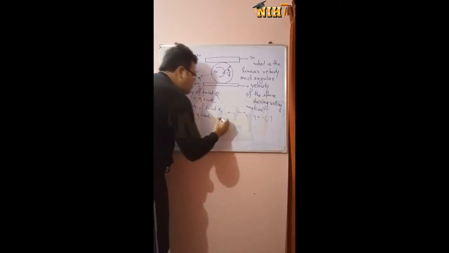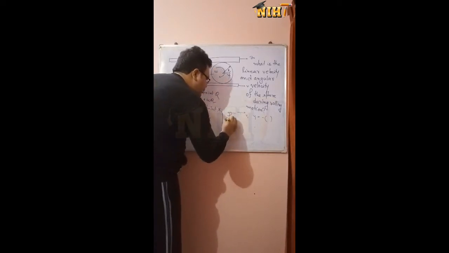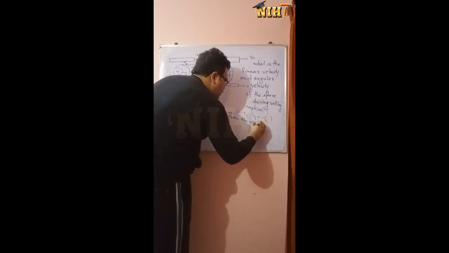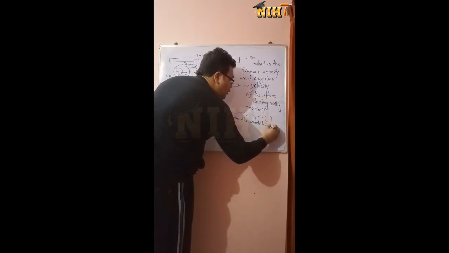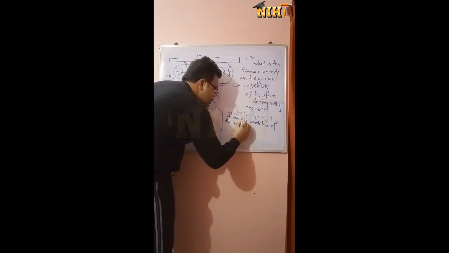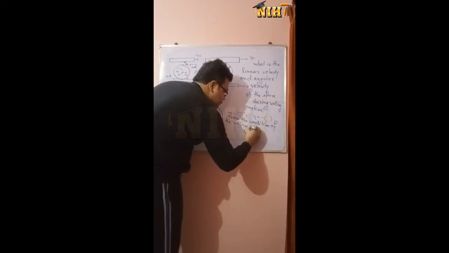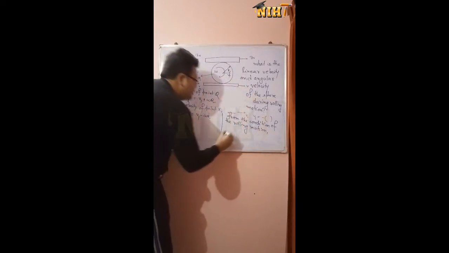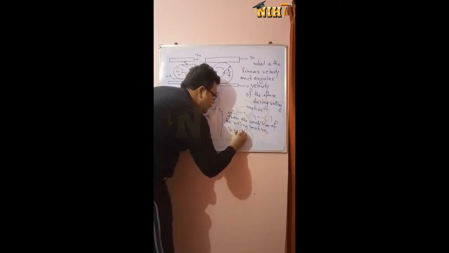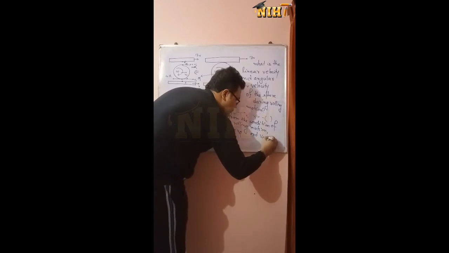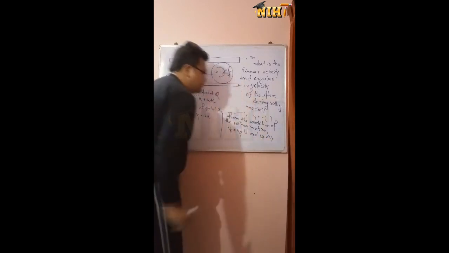So from the condition of rolling motion, we can write Vp should be equal to Vq, and Vx should be equal to Vy.